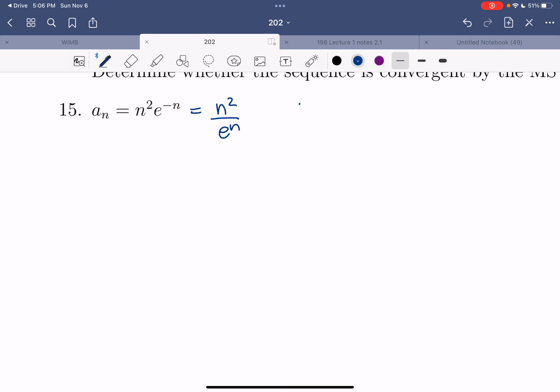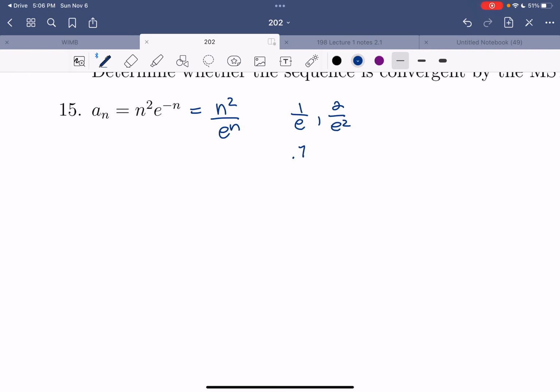So if you plug in 1, that's 1 over e. If you plug in 2, that's 2 over e squared, right? And 1 over e is about 1 over 2.7, so this is a little more than a third, so maybe 0.37-ish.